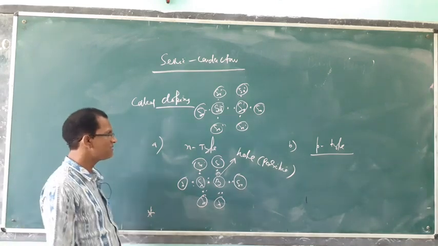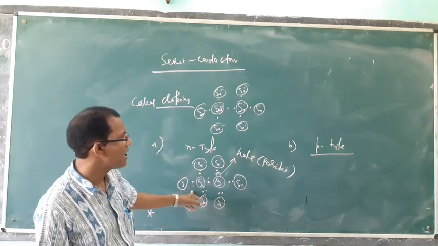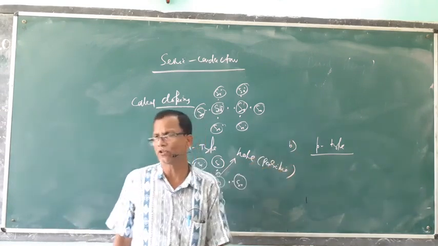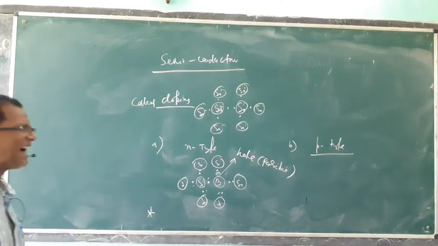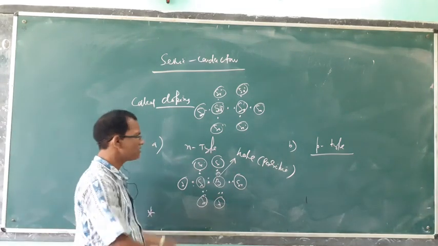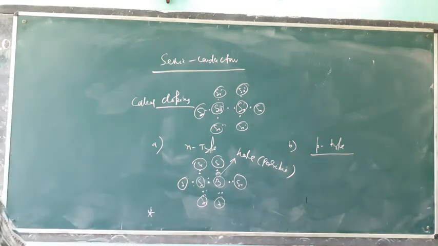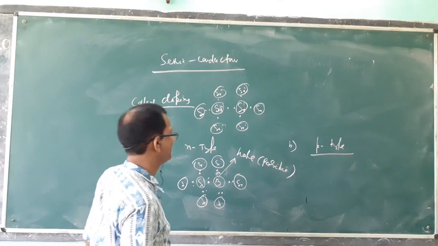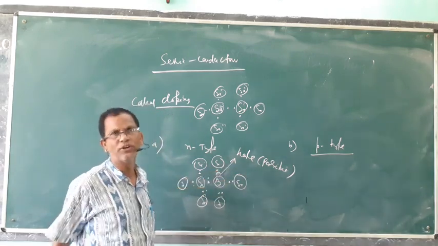So in n-type semiconductor, the current carrier is the electron, and in p-type semiconductor, the current carrier is holes. A large number of holes and a large number of free electrons are produced when you add a large number of impurities to the pure crystals. So this is also called impurity defect.